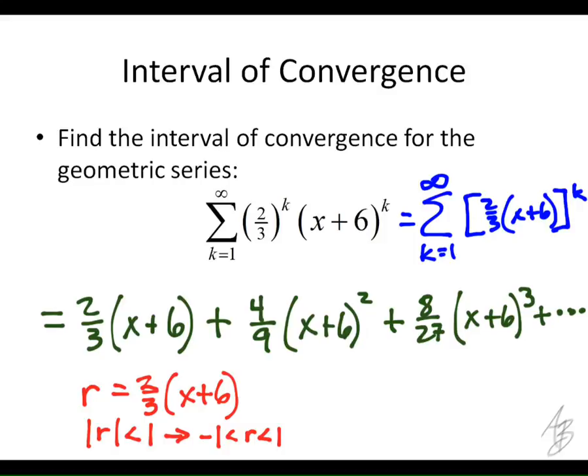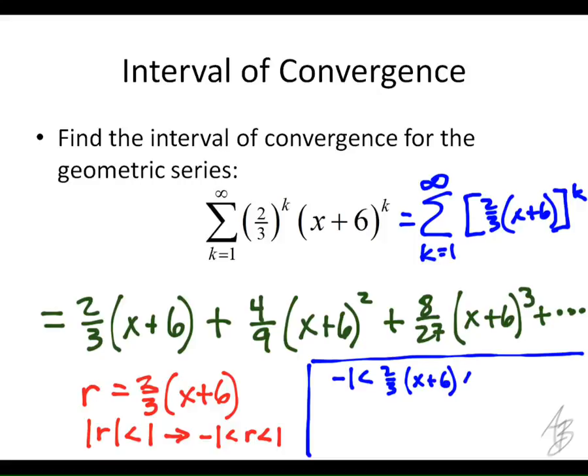And sometimes that's going to be a fairly easy thing to do. Sometimes it may involve a little bit more trickery. This one will be pretty straightforward. So we have -1 is less than 2/3 times the quantity x plus 6, and that's going to be less than +1. So if we want to figure out what values x can take on, we solve this inequality.